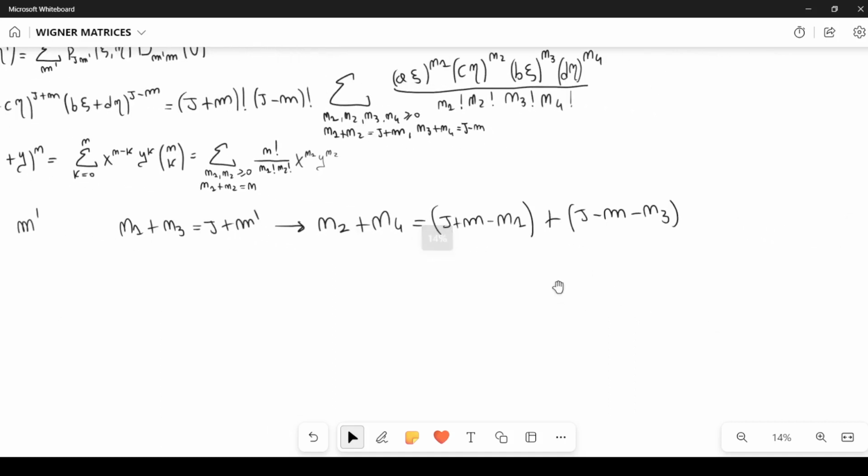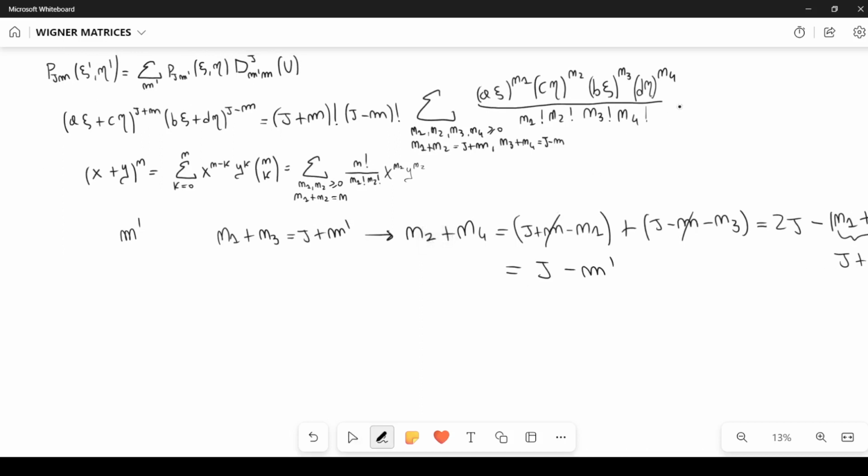And at this point, you can see that we can write this as 2j. This m will cancel this m, and then I have minus n1 plus n3. But n1 plus n3 is equal to j plus m prime. So here we substitute j plus m prime. So we can write this as j minus m prime. So n2 plus n4 can be written as j minus m prime, and n1 plus n3 can be written as j plus m prime, like this.